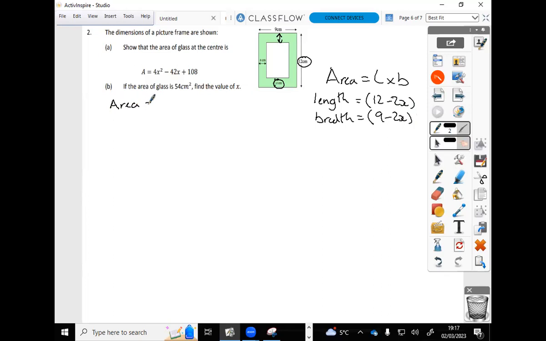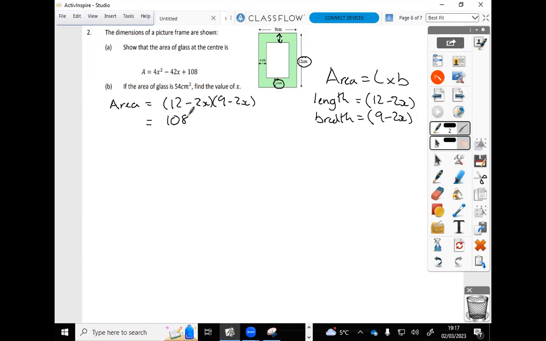part A, show that 12 minus 2x, 9 minus 2x. Okay, and then it's about breaking the brackets. 12 and 9 is 108.